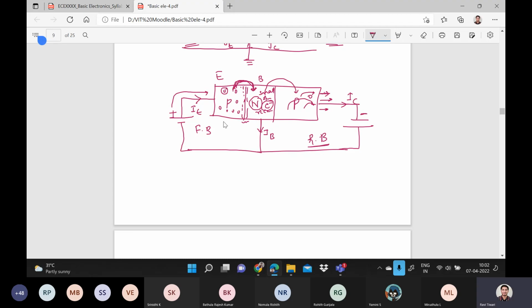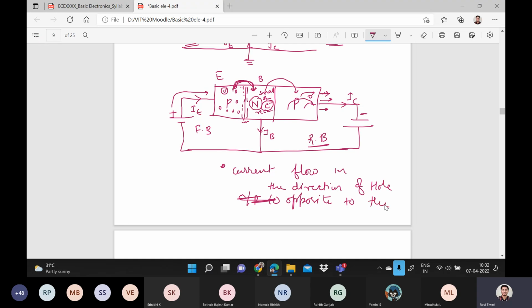Always the current flows in the direction of holes, and opposite to the direction of electrons.